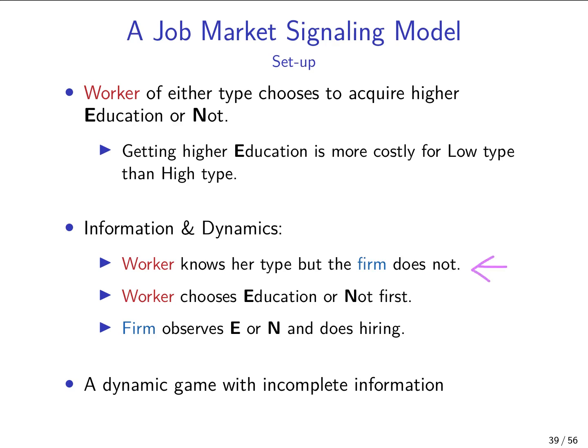But the worker could choose to have higher education, denoted by E, or not have higher education, denoted by N. The firm then, after the worker chooses having higher education or not, could observe that choice, and then decide whether to hire the worker as an analyst or receptionist.